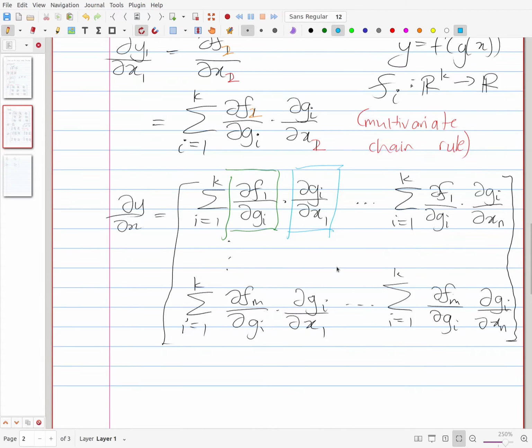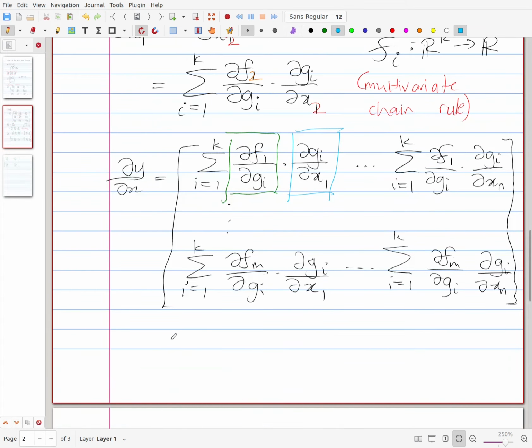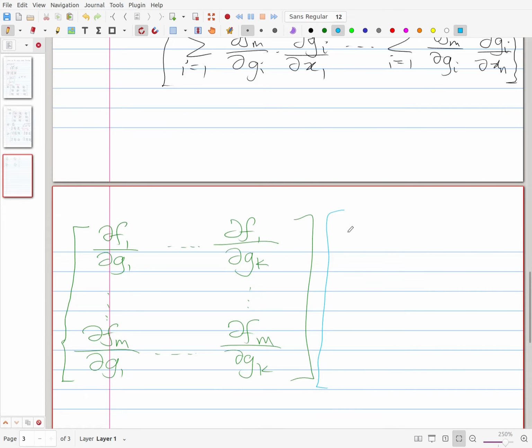So for the blue matrix, we said that we wanted these terms to be the columns of the matrix. So let's try and do that. So I'm going to make this term the columns of the matrix. So I'm going to unpack all of the gi's. So it's going to look like partial of G1 with respect to X1, partial of G2 with respect to X1, and so on, up to the partial of GK with respect to X1.